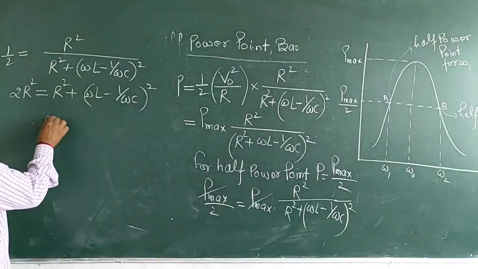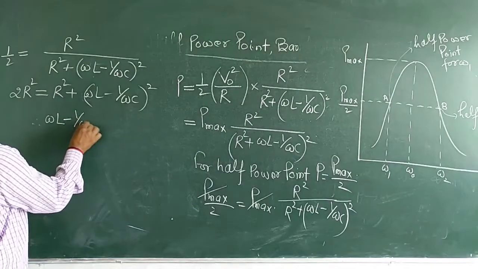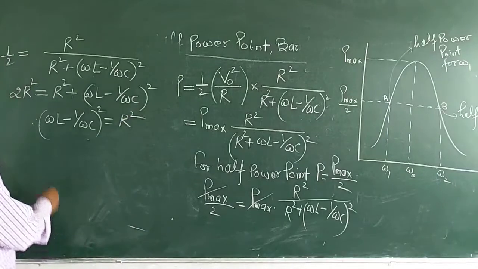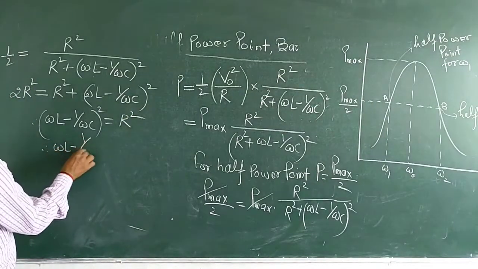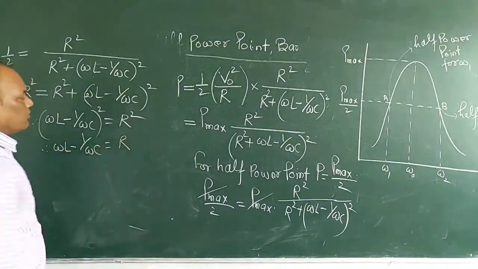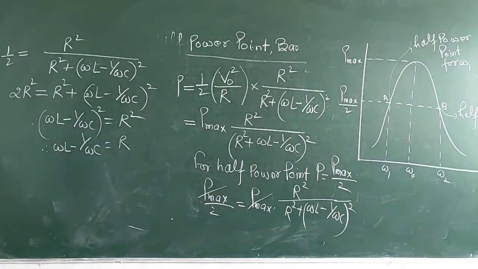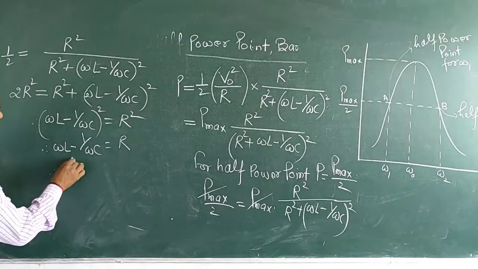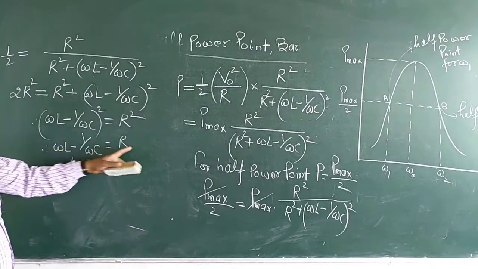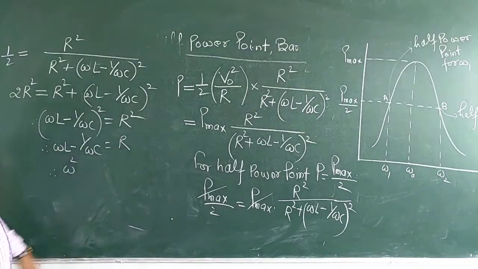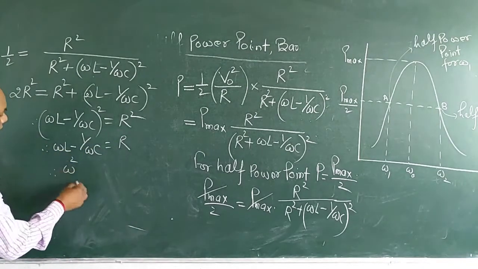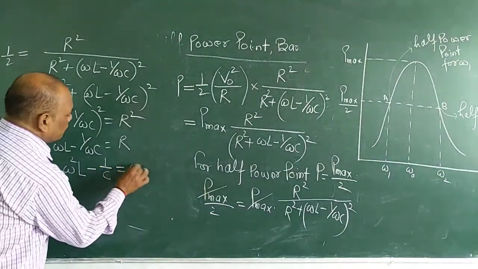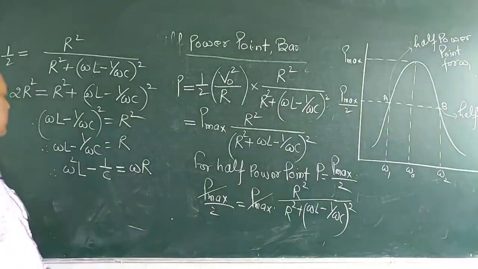So simply omega L minus 1 by omega C whole square is equal to R square. Therefore, taking the square root, omega L minus 1 by omega C is equal to R. Now multiplying by omega, we have omega square L minus 1 by C is equal to omega R.